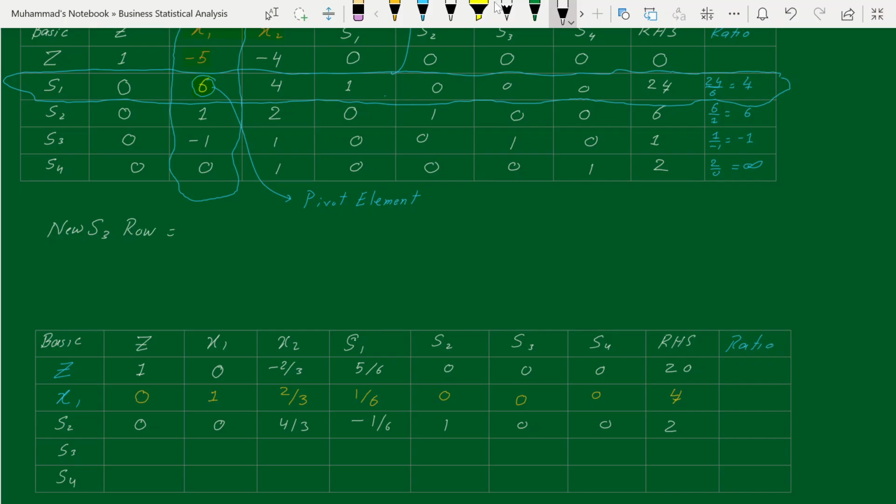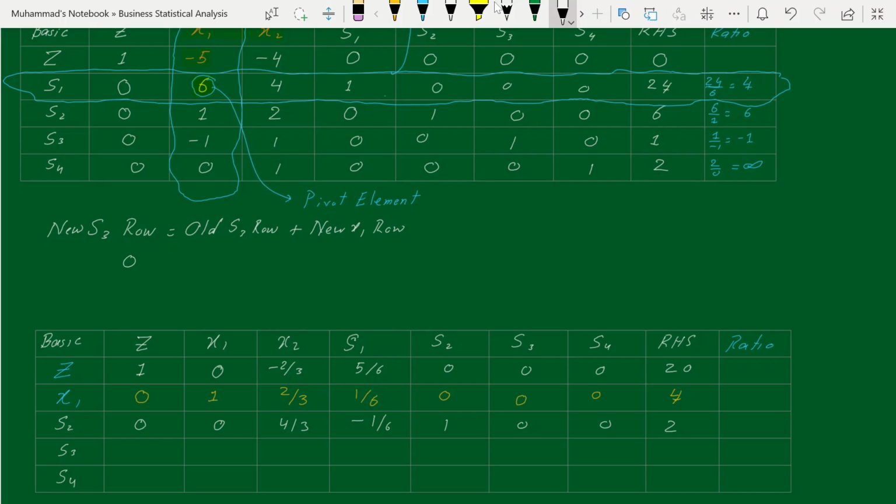And you see in the new S3 row we have minus 1, and here we have a plus. So it means that we can simply add this row: old S3 row plus new x1 row. Okay, so simply I can write down, so let's write down the old S3 row first.